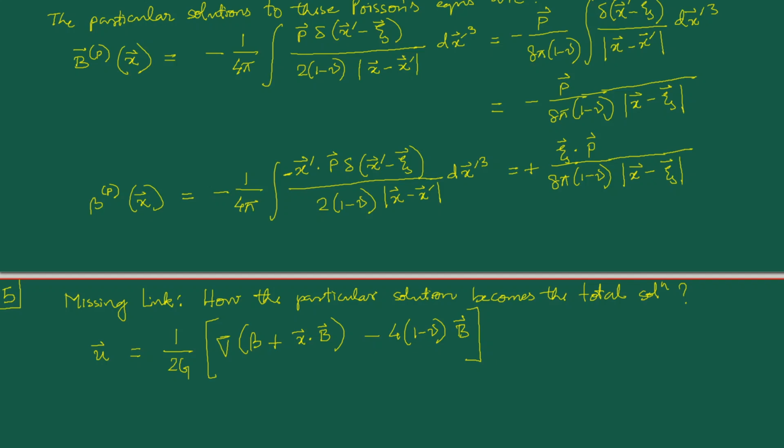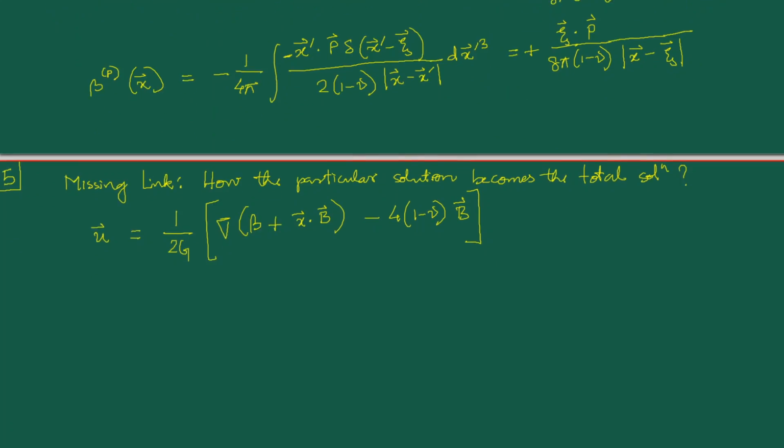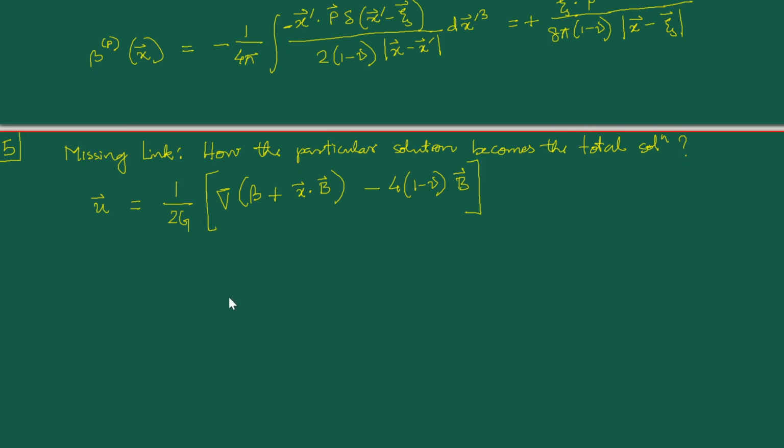Going forward, it will be easier if I just multiply this thing here, so I don't have to keep on writing this twice g in the denominator over and over again.